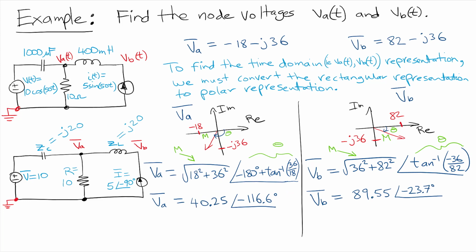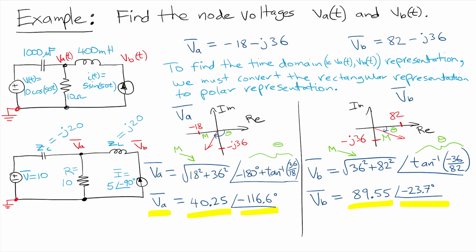So then we do the computation. VA becomes equal to a magnitude of 40.25 with a phase angle of minus 116.6 degrees, and VB becomes 89.55 as a magnitude with a phase angle of minus 23.7 degrees.